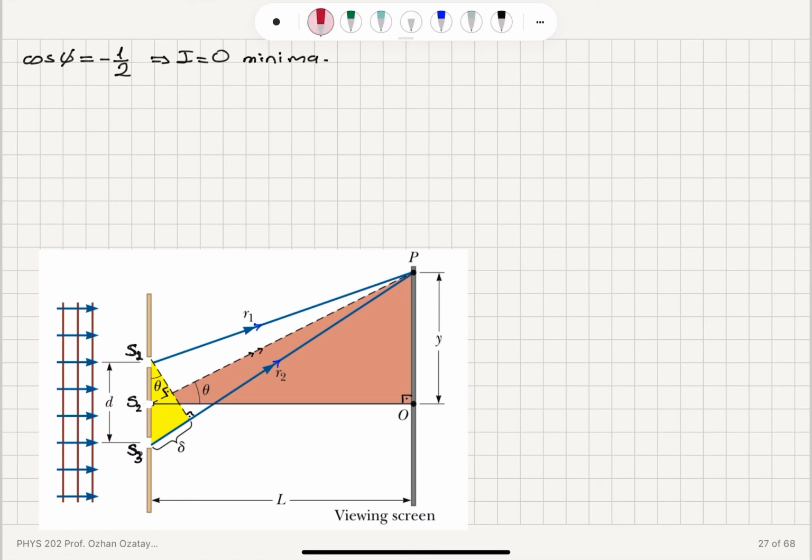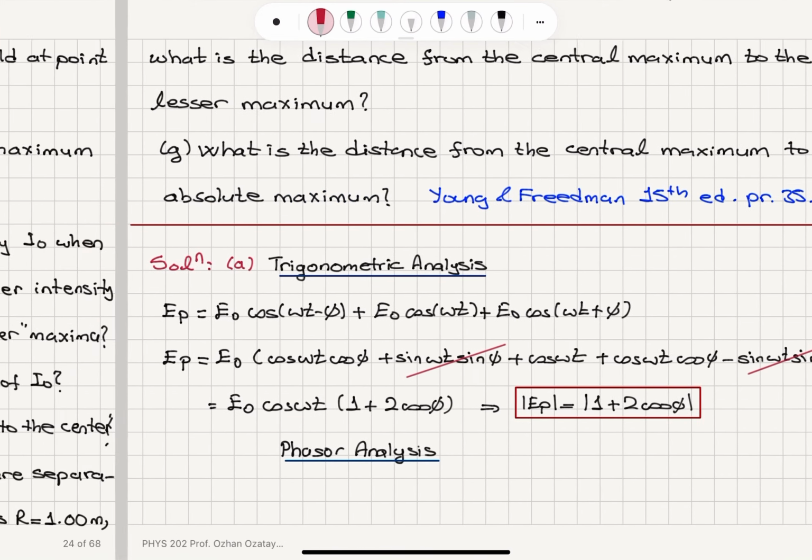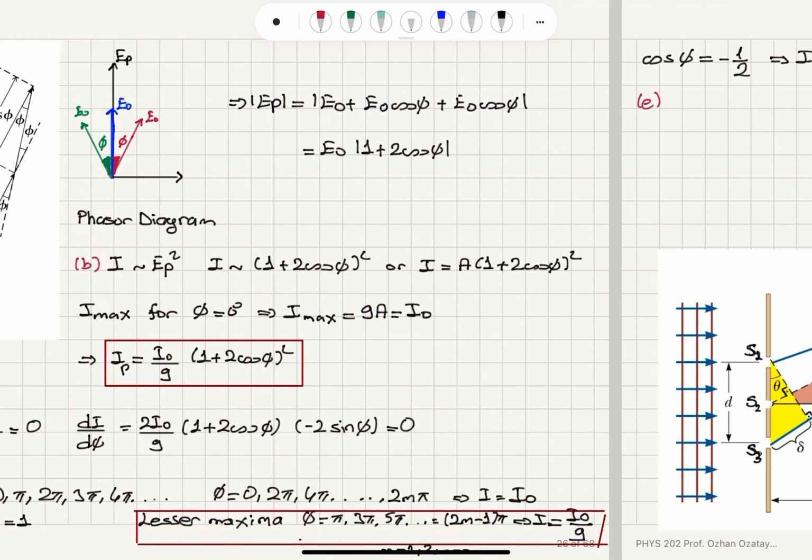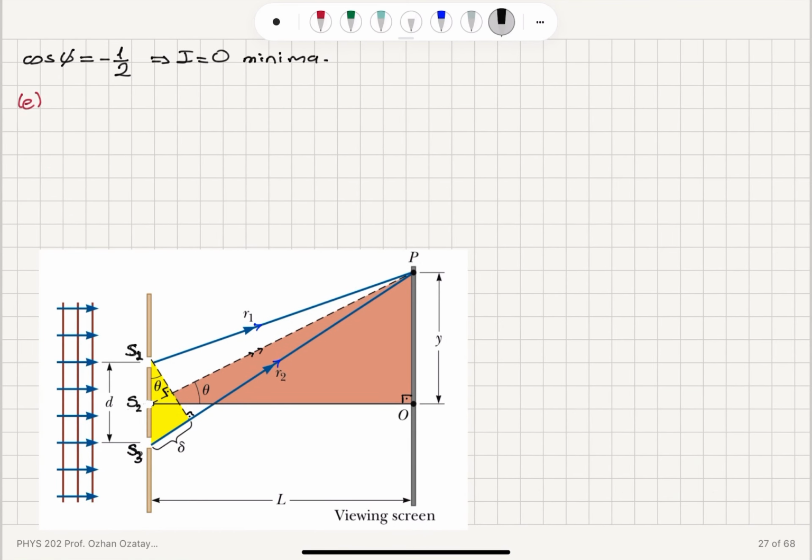Now let's move on to part E. Part E is asking us what values of phi correspond to the dark fringes closest to the center. Well, as we have found out in the previous part, cosine phi equals minus 1 over 2 is the condition for the minima. And when does that occur? When phi is equal to plus or minus 120 degrees.